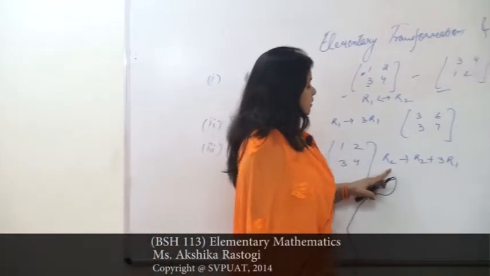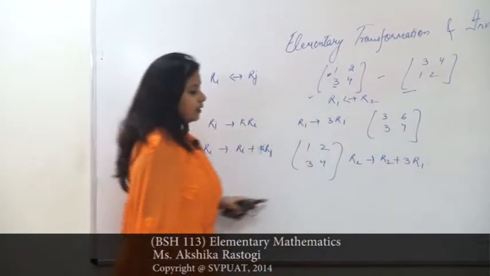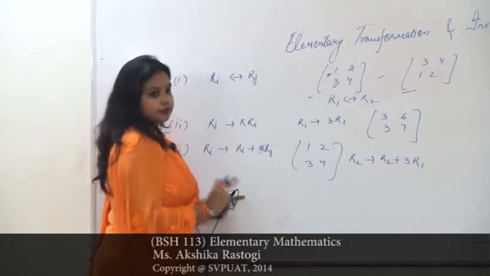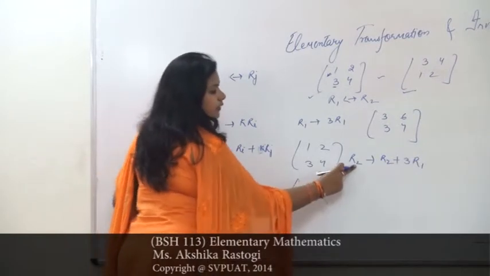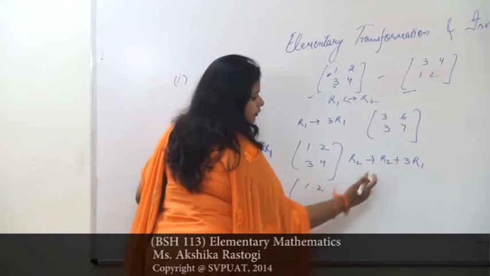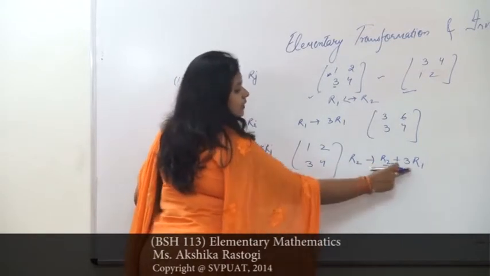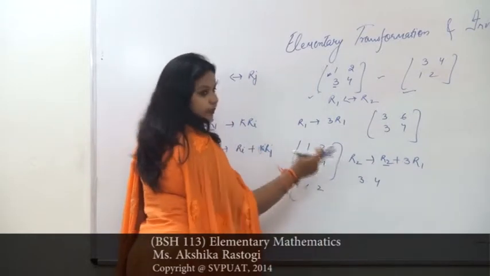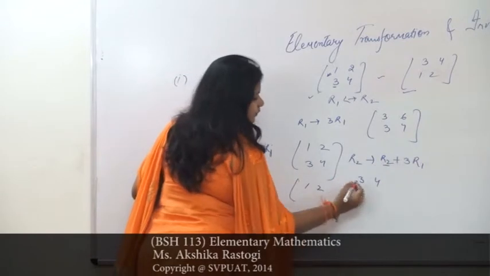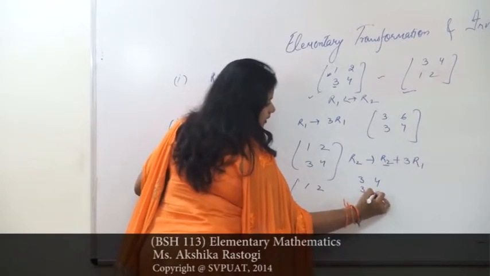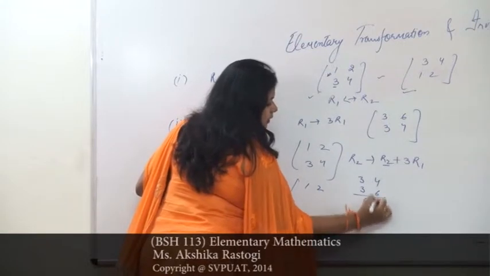We did the transformation in row R2, which means R1 is unchanged: 1 2. We take the elements of R2, that is 3 4, plus 3 R1. 3 R1 means we multiply the row R1 by the constant 3, that is 3 and 6. If we add, it will be 3 plus 3 is 6, and 6 plus 4 is 10.